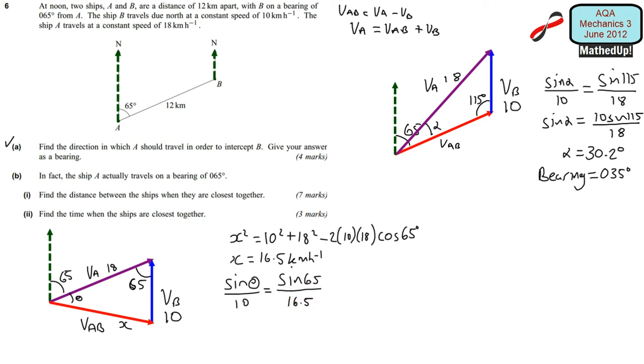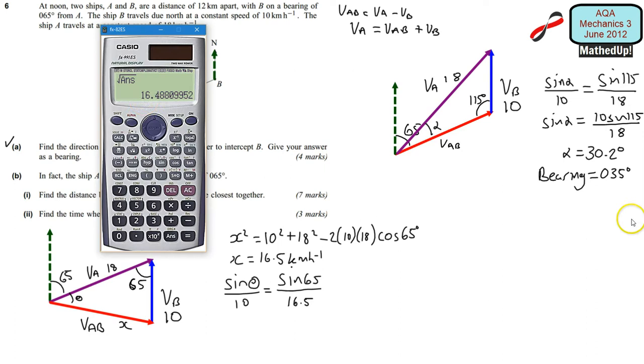Again, I can put that into my calculator: 10 sine 65 divided by 16.5, and that gives me 0.549.